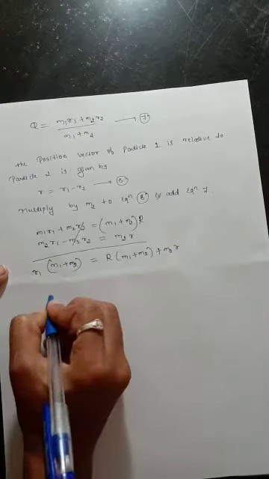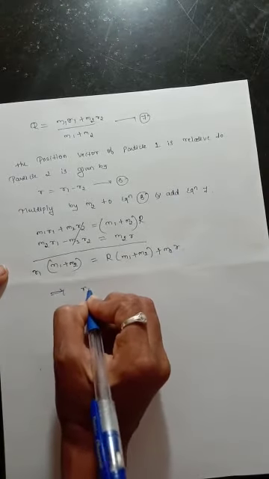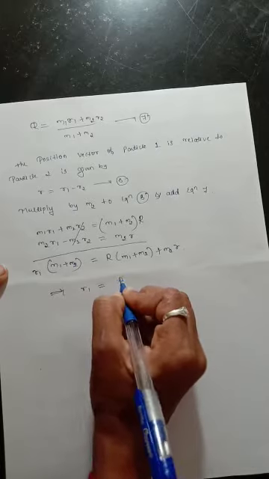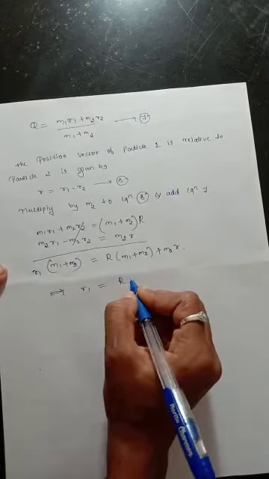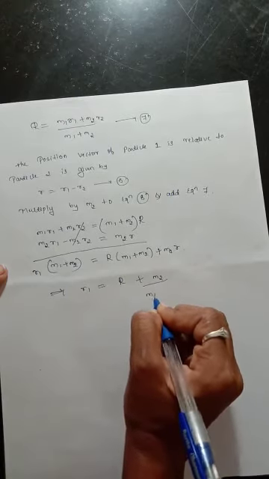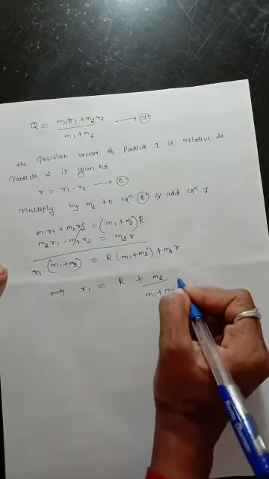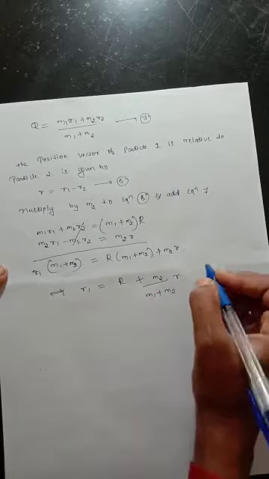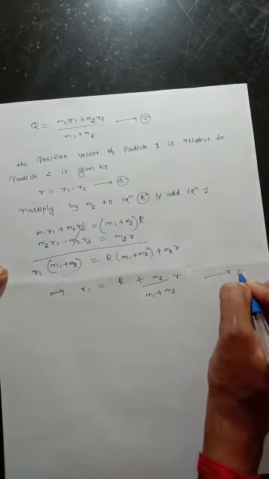Okay, this means r1 equals capital R plus m2 divided by m1 plus m2 times small r. Consider this as expression number 9.